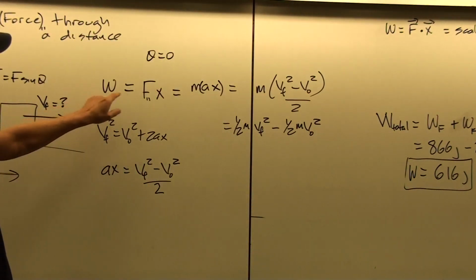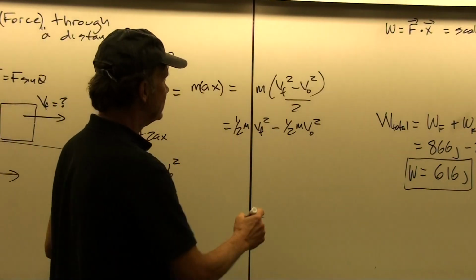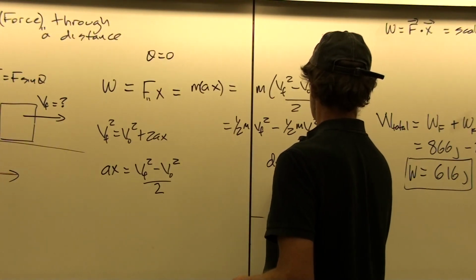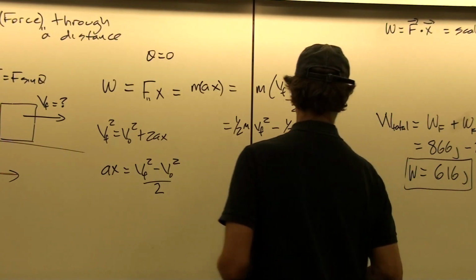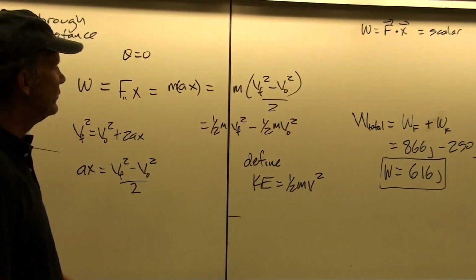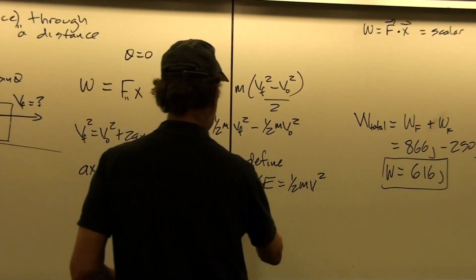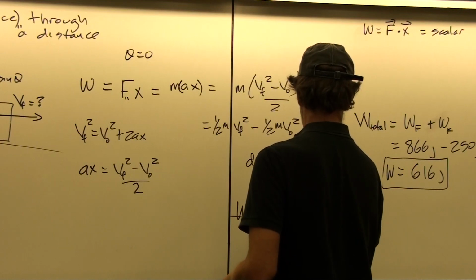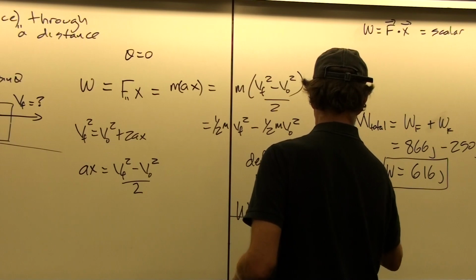Okay, so the work done then is the change in something, and so let's just for fun define this something to be kinetic energy. So if we define this energy, which is the difference between 1/2 mv squared, as kinetic energy, then the work that's done is equal to the change in kinetic energy, 1/2 mv final squared minus 1/2 mv initial squared.